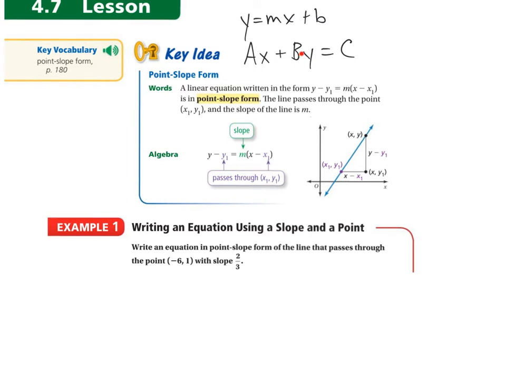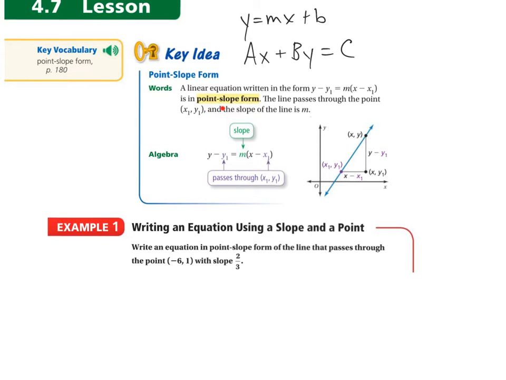This one helps me find x and y-intercepts: if I want the y-intercept, I make the x coefficient 0. If I want the x-intercept, I make the y 0, and then solve for the other variable. So this is great for finding intercepts. This one's kind of the most standard if you know the y-intercept.